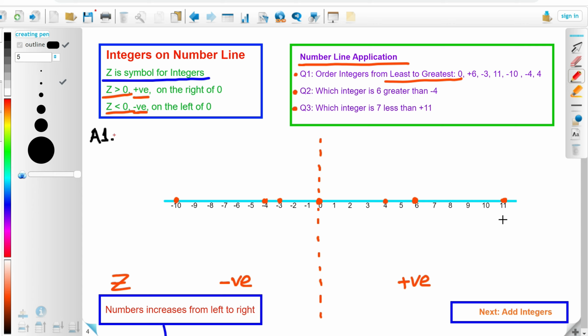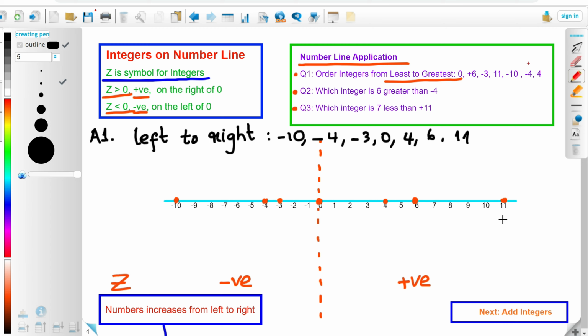Okay. So what we see here is that left to right, right? So the key is we have to go from left to right. And then what do we get? We get from least to greatest. So in this particular case, if I see the numbers from left to right, we get minus 10. This is the least. And then minus 4, minus 3, 0, 4, 6, and 11.